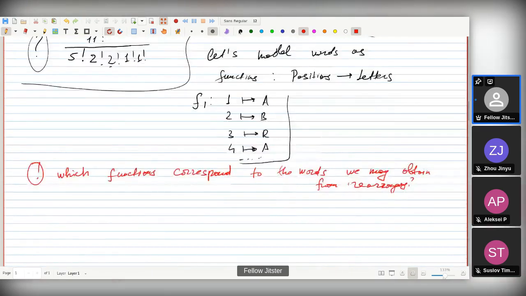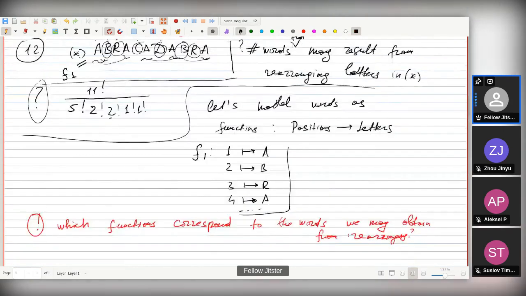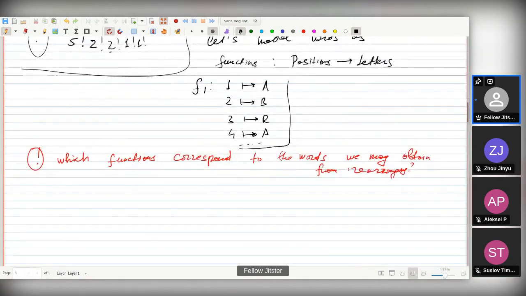So every function or every word that results from rearranging has the following properties. So let us consider functions. Let us consider all the functions from how many positions? By the way, how many positions do we have? 11.